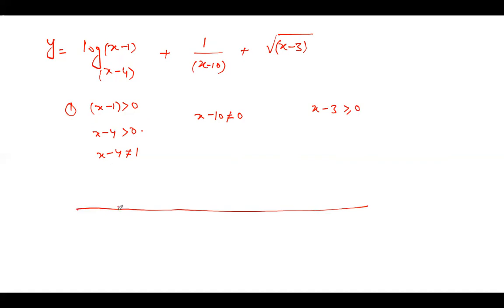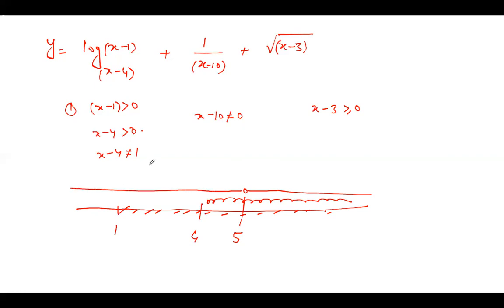x greater than 1. Second, x greater than 4, right? x not equal to 5, right? Except 5, all the values. Till this, we are getting 4 to 5, 5 to infinity.